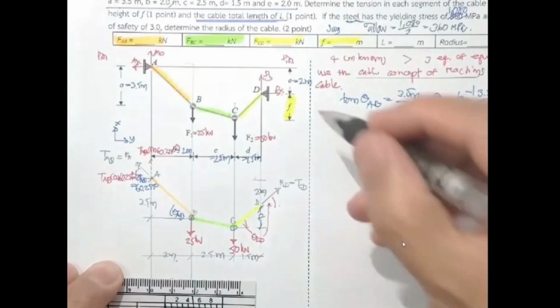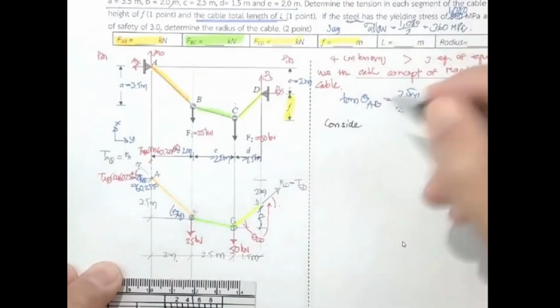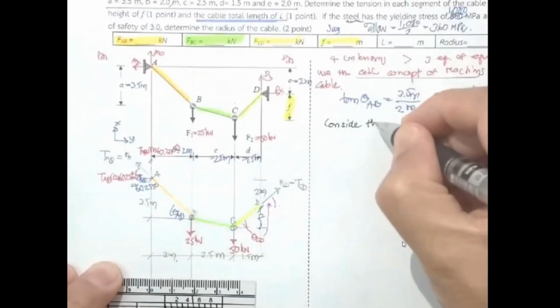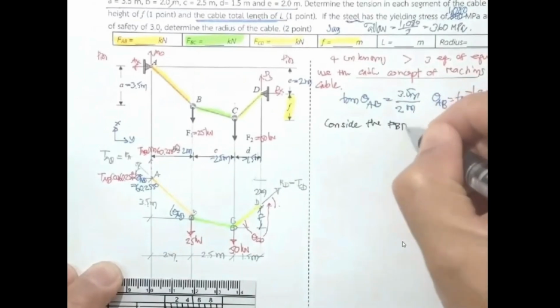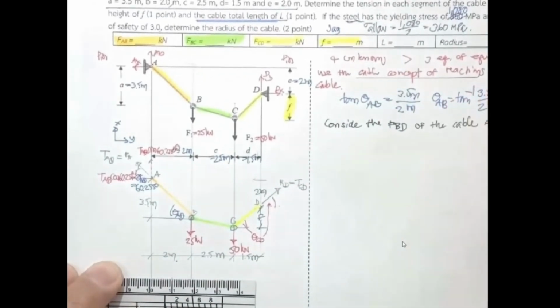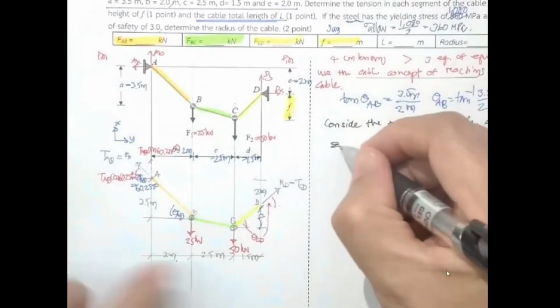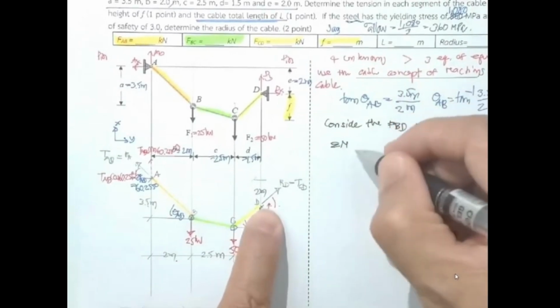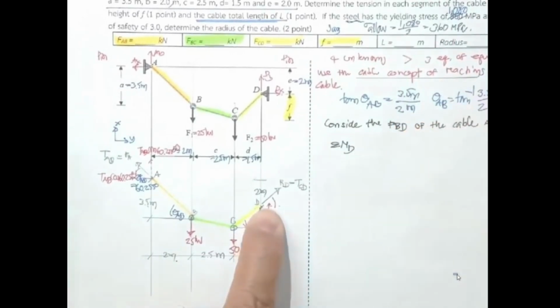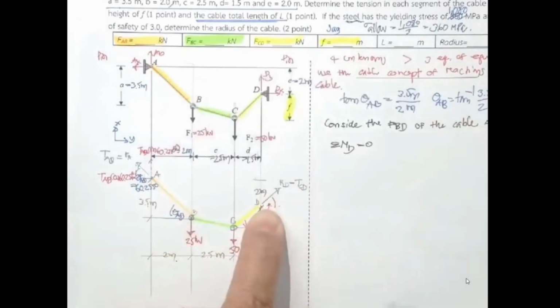Okay, now what you get is, consider the free body diagram of the cable ABCD, and then you do the summation of the moment about D equal to 0. Then T sub AB is going to rotate clockwise.